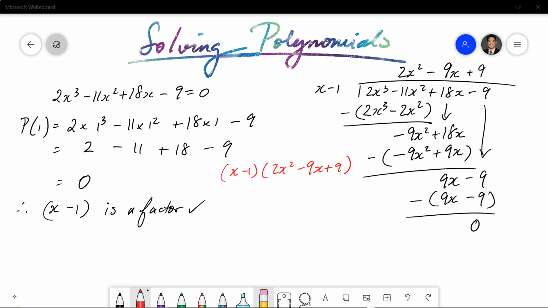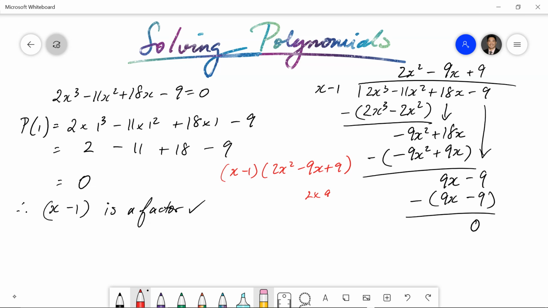Now we have a quadratic expression here, but it's not monic, so let's try factorizing by grouping. 2 times 9 is equal to 18. What factors of 18 add up to minus 9? That's minus 3 and minus 6. So then we'll have 2x squared minus 6x minus 3x plus 9. When we factorize by grouping, we split them into two.